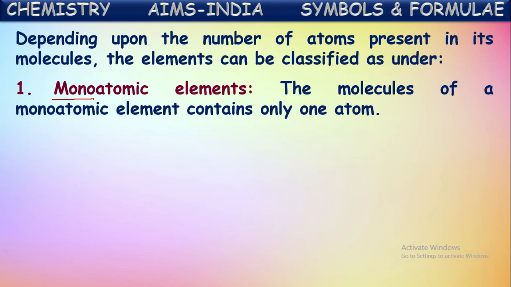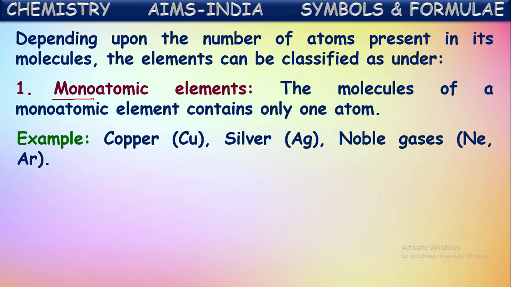For example, metals like copper, silver, and some other elements like noble gases, neon, helium, argon, krypton. These all won't exist in a group. In their molecules, they contain only one atom. So these all are considered as monoatomic elements.